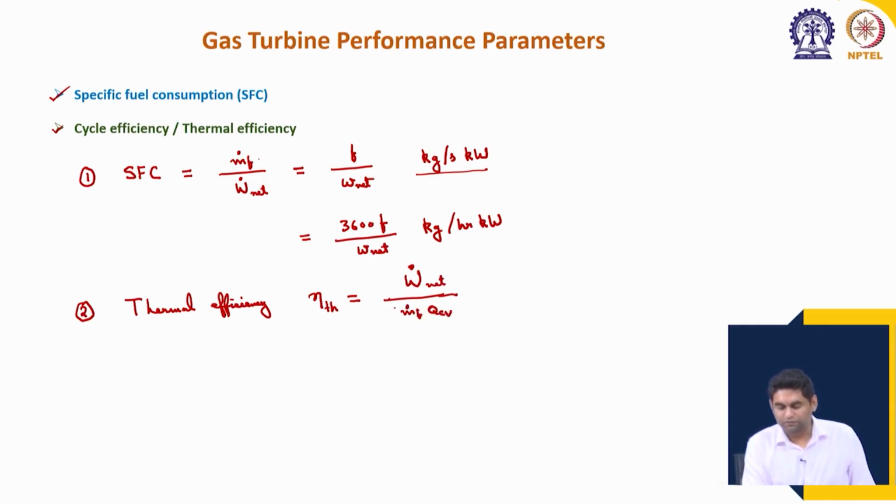This is the maximum amount of energy which could have been released, m dot F into QCV, if there was complete combustion, no losses, nothing.